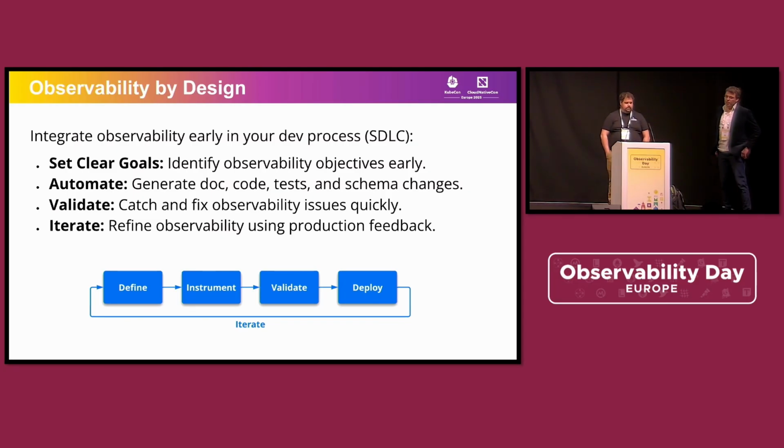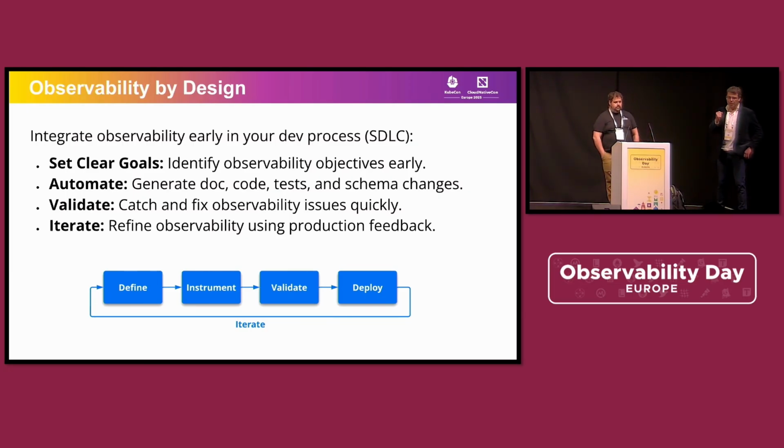Then we want to introduce a lot of automation that currently does not really exist, except for the unit tests and integration tests that you already have in your application. Regarding observability itself, it's not very common. So we want to make sure that you have a set of automation to generate documentation and keep this documentation always in sync with your specification.